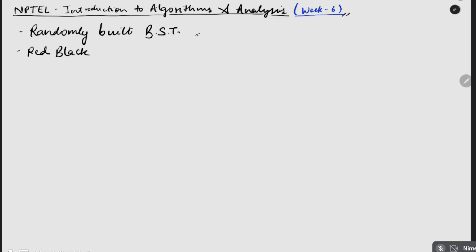And then there was discussion on a particular type of binary search tree called red-black trees.